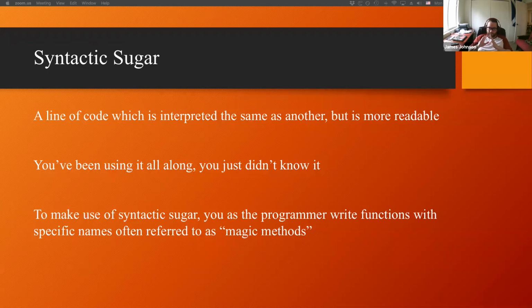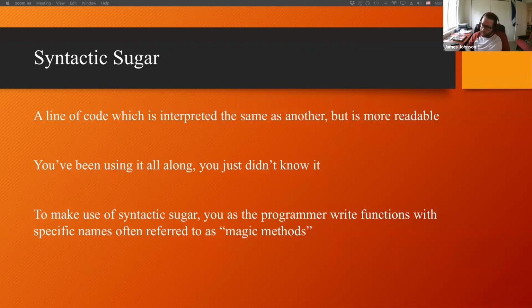Python is an interpreted language. So the Python interpreter will treat two lines exactly the same as one another, except one is more readable or prettier, more intuitive, hence the usage of sugar. There's one version of a line of code which is sweeter, quote unquote, than the other.